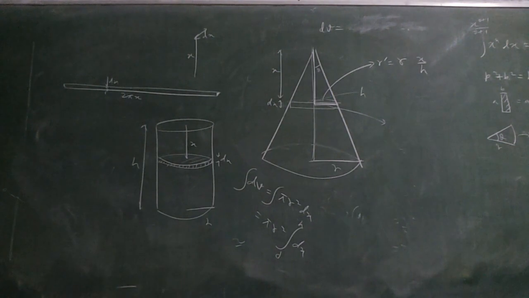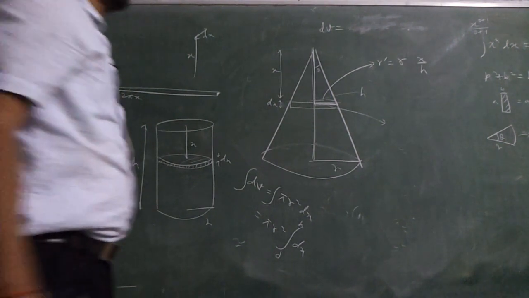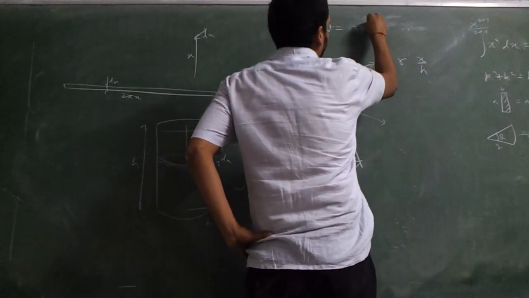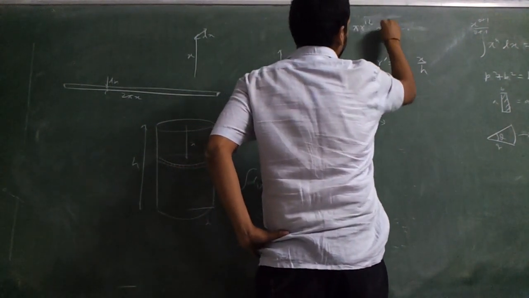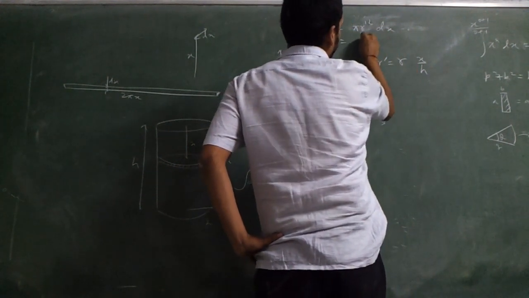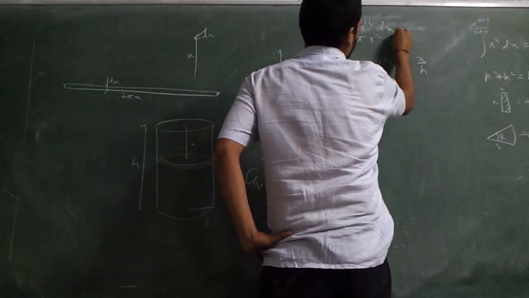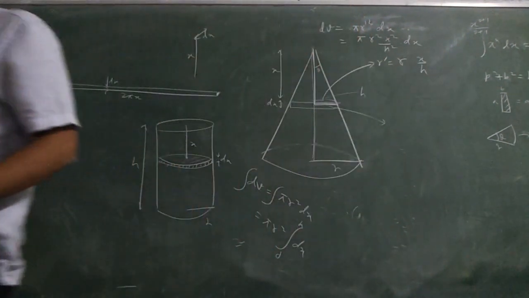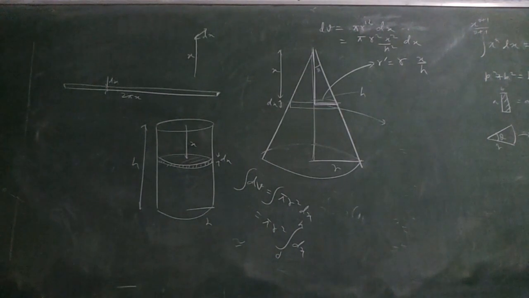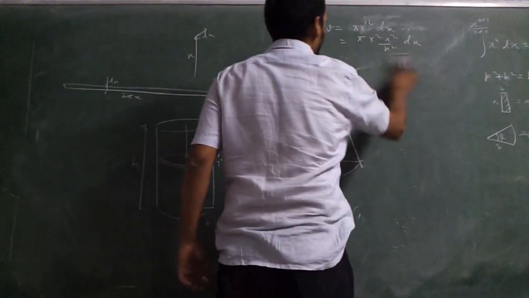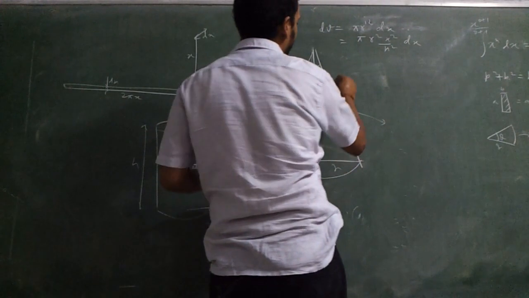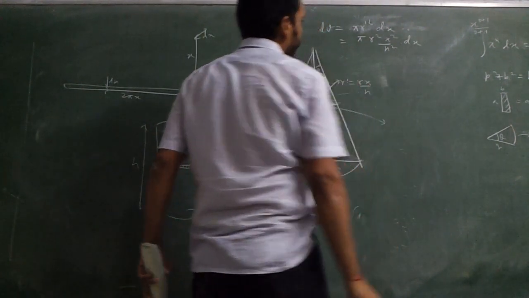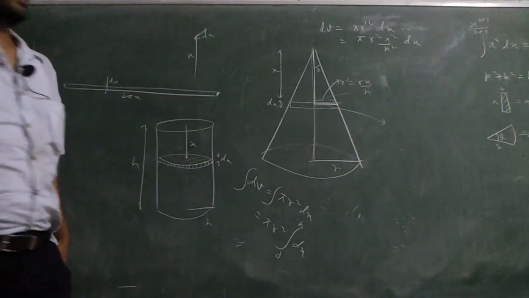So what is it? You get your dV as pi r dash square dx, which is equal to pi r square x square by h square dx. Integrate both sides.